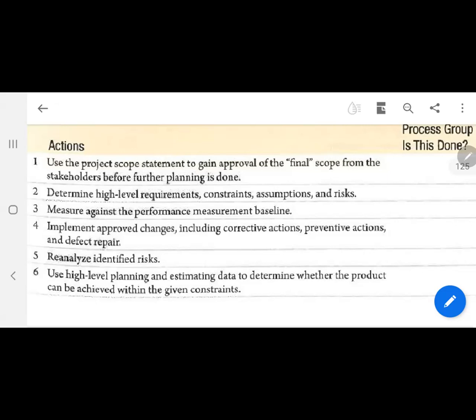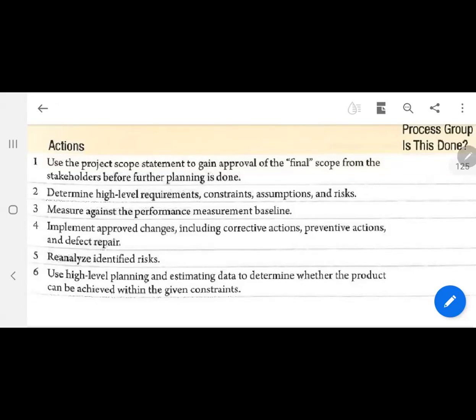Implementing the work, implementing the plan, and carrying out observations, like work performance data. You're also doing measurements while execution is taking place. And then implementing approved change requests is also part of it.